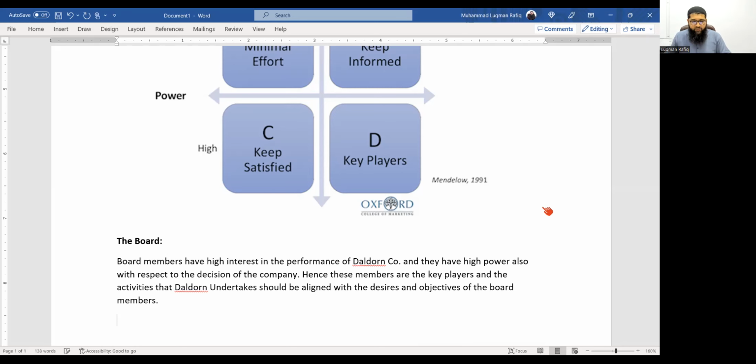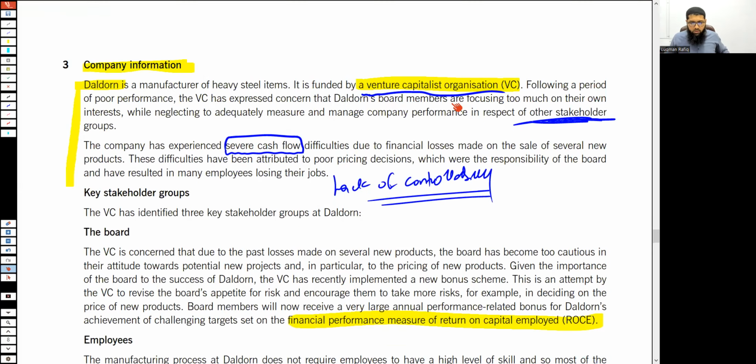Now, what is the concern that the board members have shown? They are concerned that members are focusing too much on their own interest while neglecting to adequately measure and manage company performance. The company has experienced severe cash flow problems due to financial losses made on the sale of several new products. These difficulties have been attributed to poor pricing decisions.